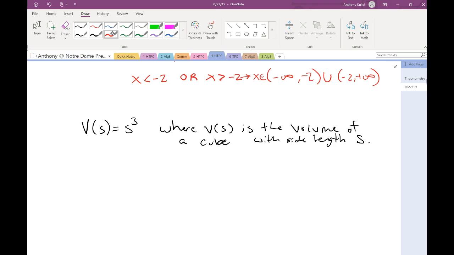What variable is the independent variable in this case? Is it S or V of S? It's S, so the domain's going to be relevant to S. And what is S representing here? A side length. So what can I say about those values? What do they have to be? Positive.